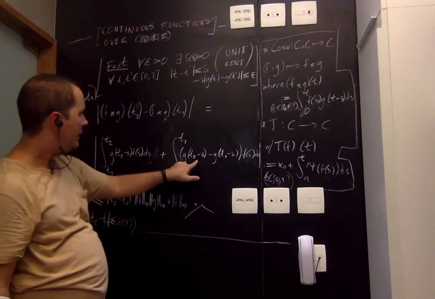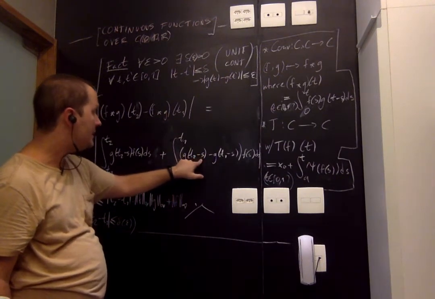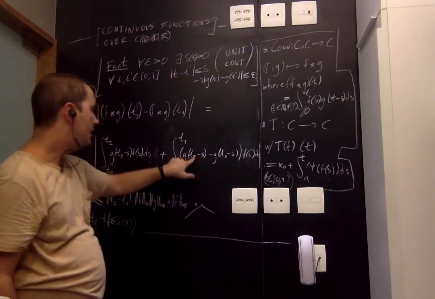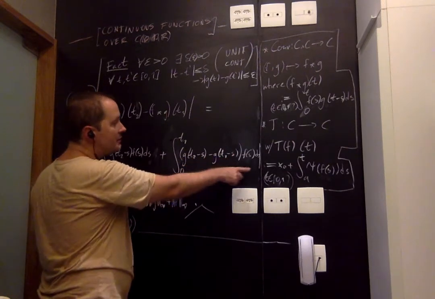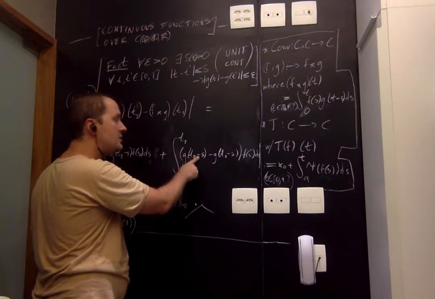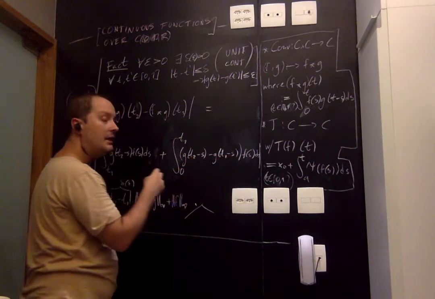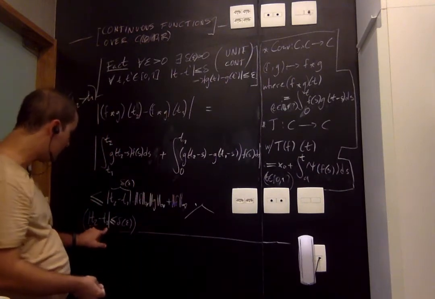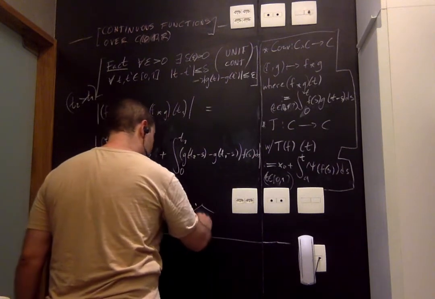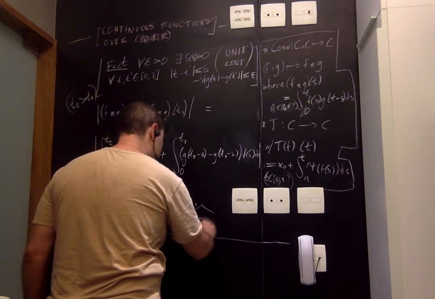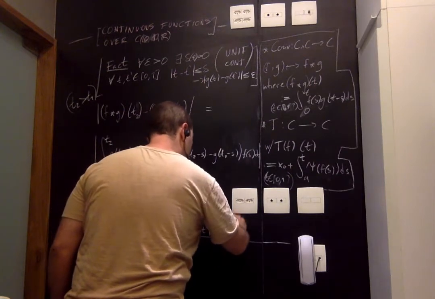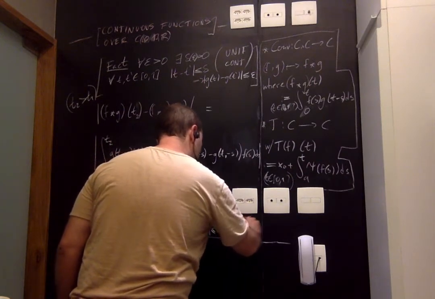Well, I'm computing g at a point t2 minus s, computing g at another point t1 minus s, and I don't know much about what s is, right? s varies over this interval. However, I do know that the difference between t2 minus s and t1 minus s is the same as the difference between t2 and t1. Therefore, it's less than delta of epsilon. So this is less than the sup over t minus t prime less than delta of epsilon of g of t prime minus g of t.